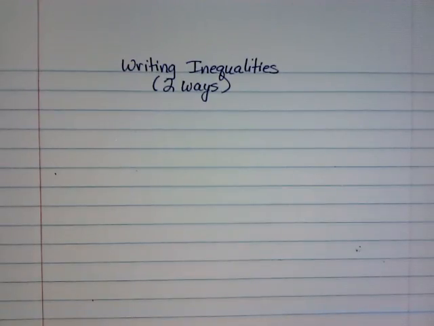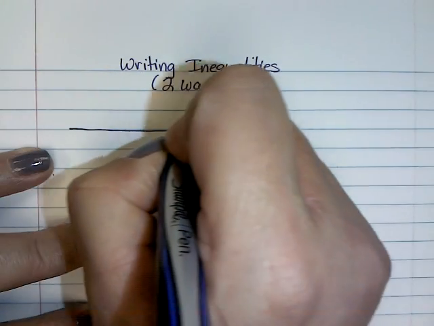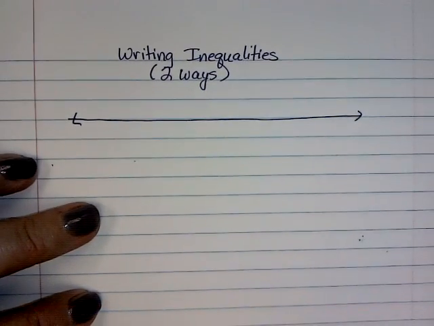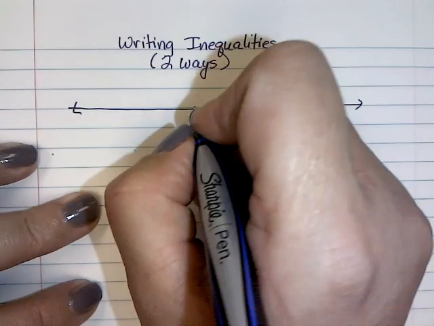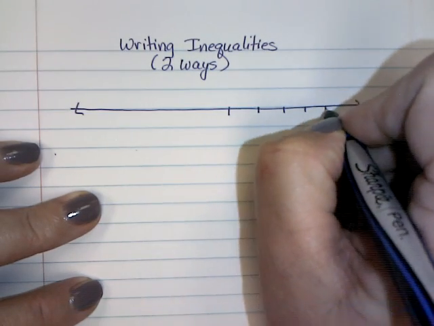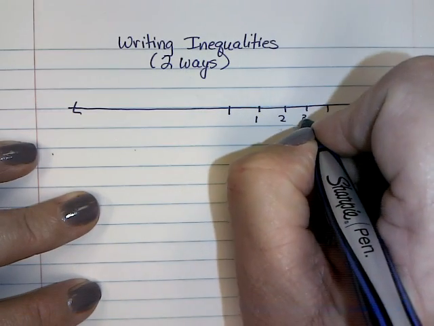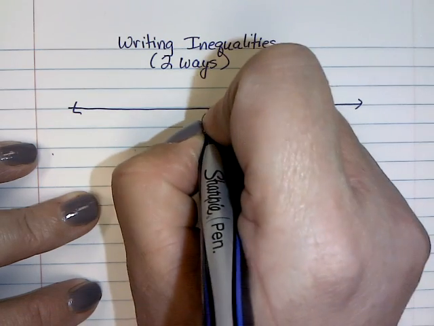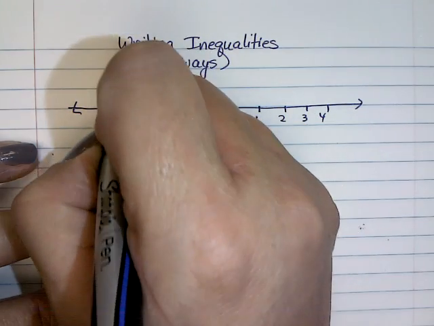Now, I'm going to go ahead and draw myself a number line. And on that number line, I'm going to say that this is 0 in the middle. I'm going to go up to 2, 3, 4, and go down to -4 on the other side.